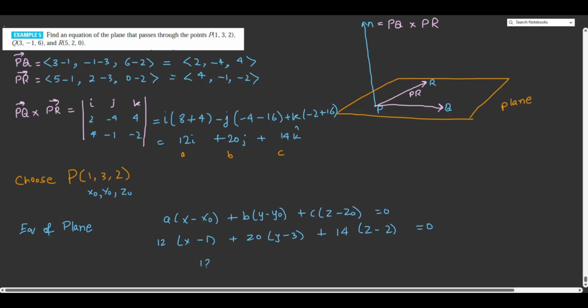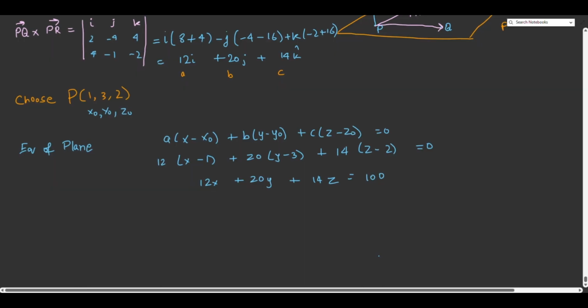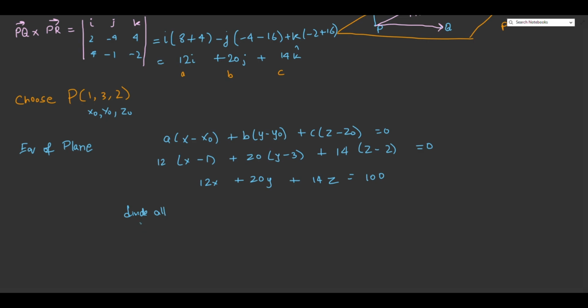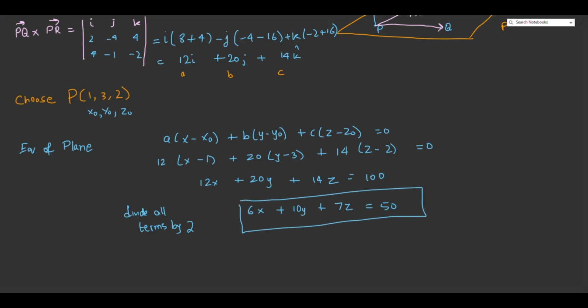If you simplify this, you will get 12x plus 20y plus 14z equals 100. If you divide all terms by 2, you will get 6x plus 10y plus 7z equals 50. So this is our required equation of the plane. That's how you can find it.